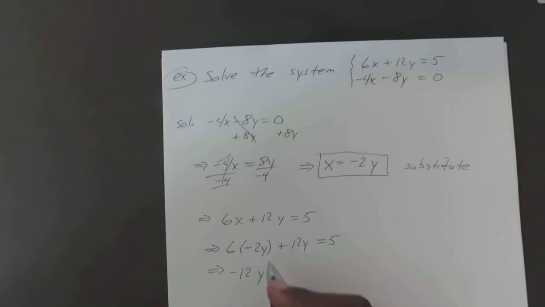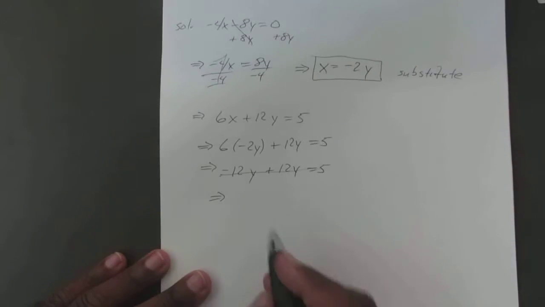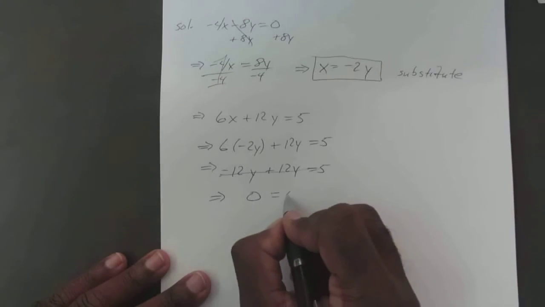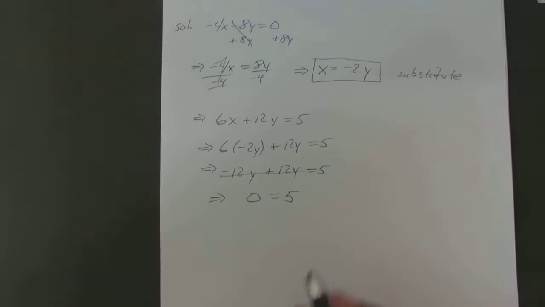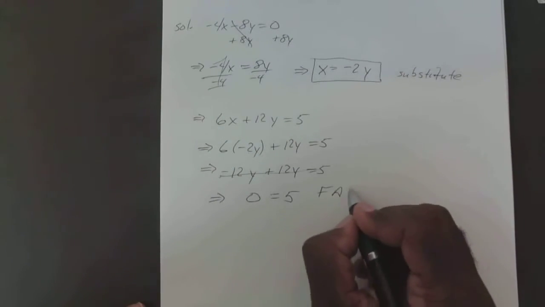So negative 12y plus 12y equals 5. You kind of see now that negative 12 and positive 12 equals 0. So we end up with 0 equals 5, which we know is not true, so that's a false statement.